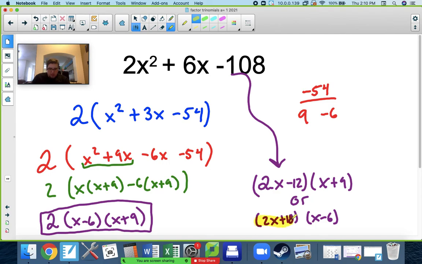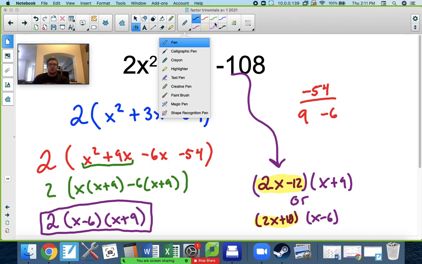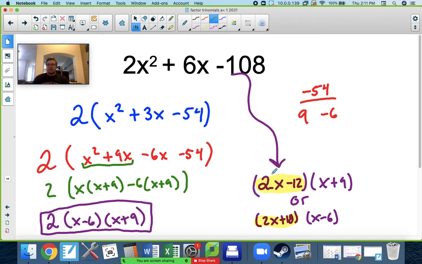So that 2 is currently right here. And our problems have to be fully factored. So if we forgot to take the greatest common factor out at the beginning, we would have to take it out at the end. So we take the 2 out, and we'd have our answer that was like this.